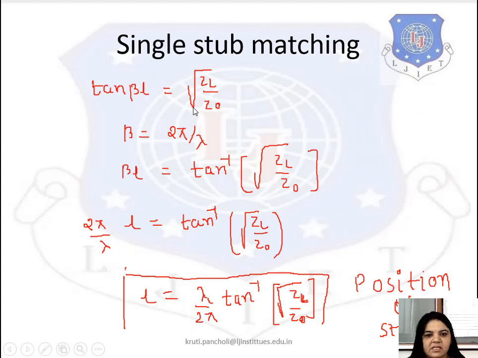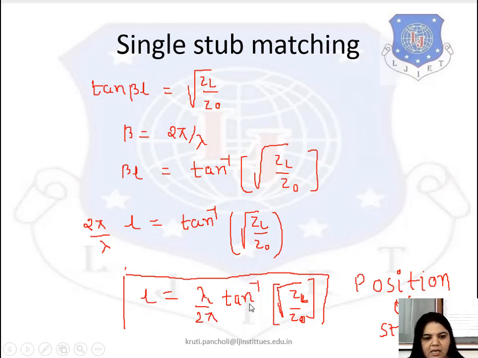But β is equal to 2π/λ. So βL = tan⁻¹ of the square root of ZL/Z0. So what is β? It is 2π/λ, so (2π/λ) L = tan⁻¹ of the square root of ZL/Z0. Therefore L = λ/2π tan⁻¹ of the square root of ZL/Z0.